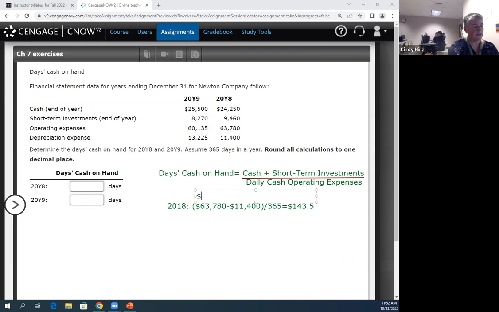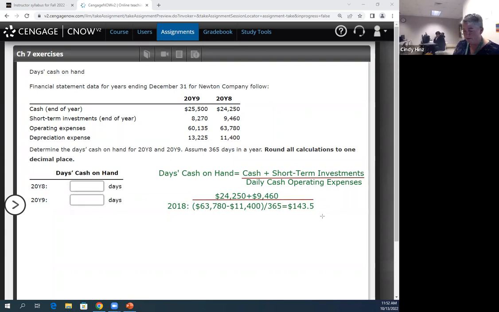How much did they have for cash and short-term investments? In 2018, they had 24,250 in cash and 9,460 in short-term investments. So those are investments that we have available to spend. They're short-term in nature. We no longer have a chapter about investments, but I'll just throw out there that some investments that are short-term are based on management's stated intentions for those.